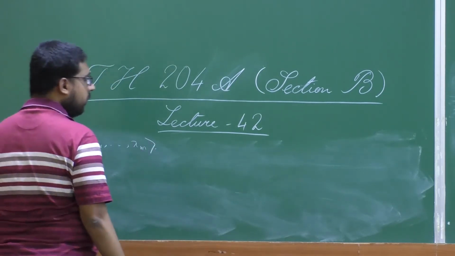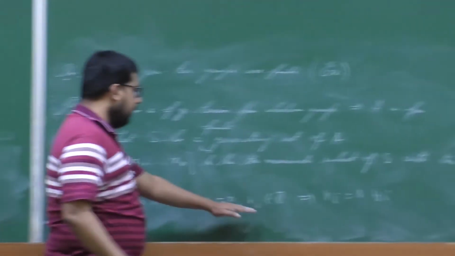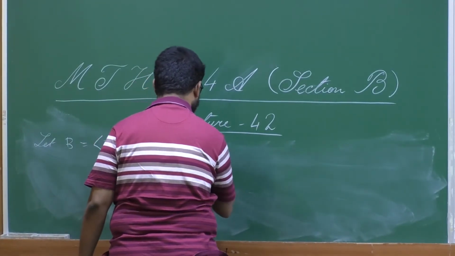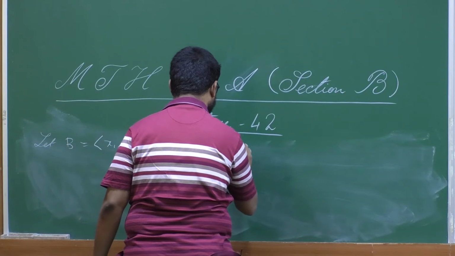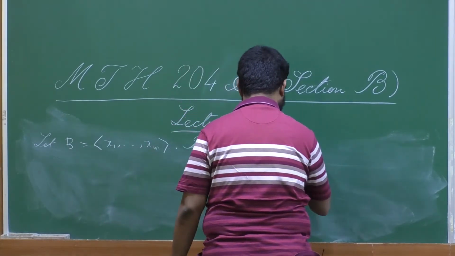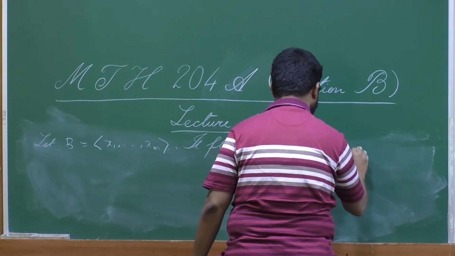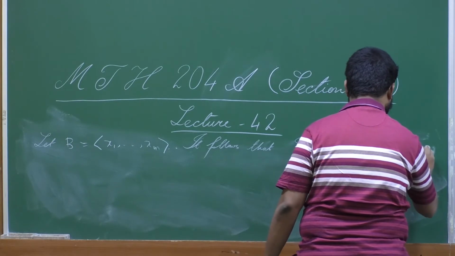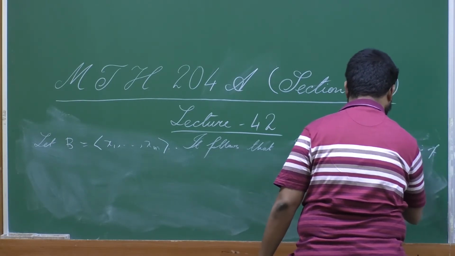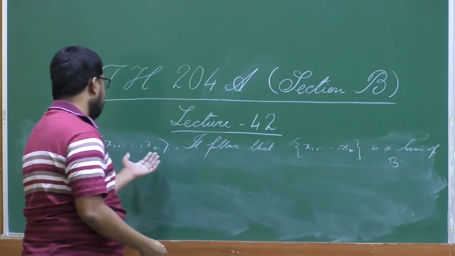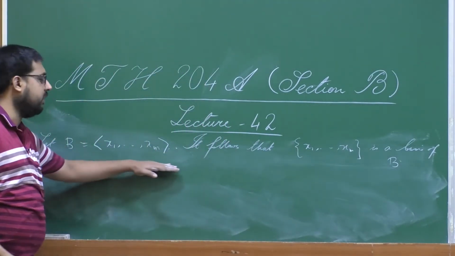Now this property assures that x1 up to xm is a basis of B. Why? That is quite clear. Since B is generated by these elements, every element of B can be written as a combination of them.